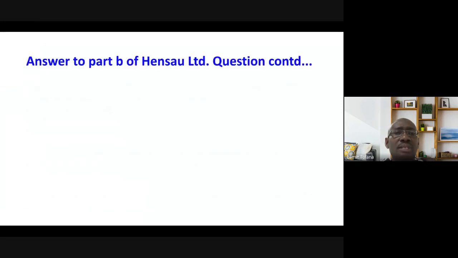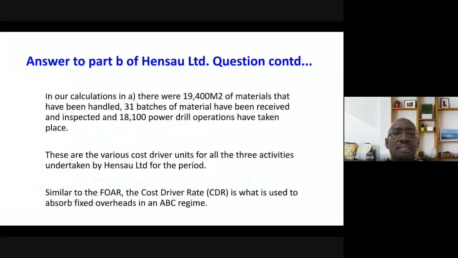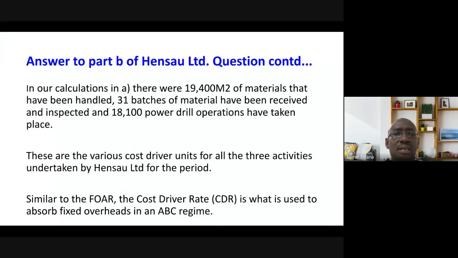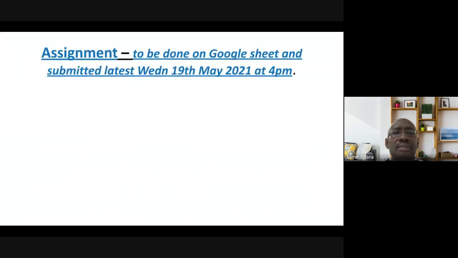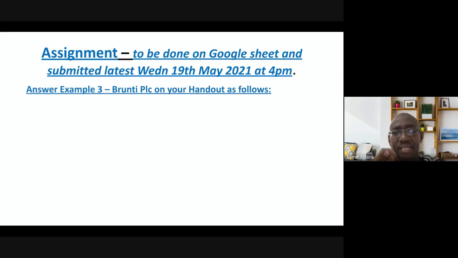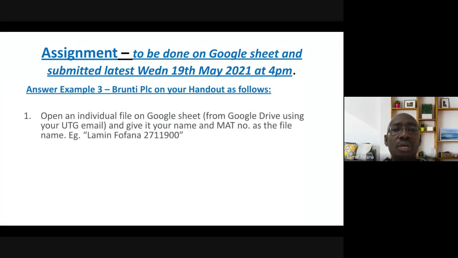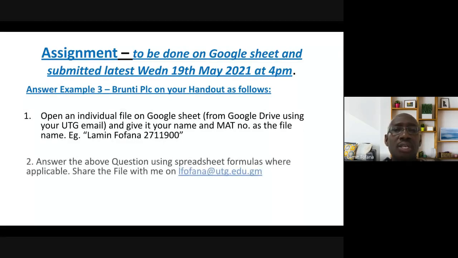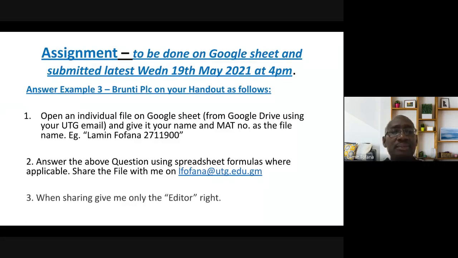Yes, it's Bruntai PLC. That's the second question on your handout. So you use Bruntai PLC as your assignment and follow these 3 steps.